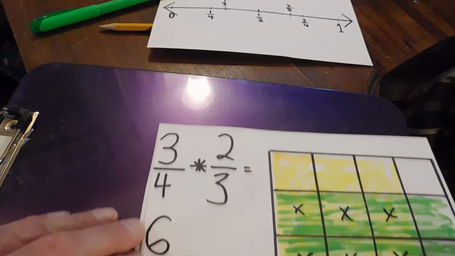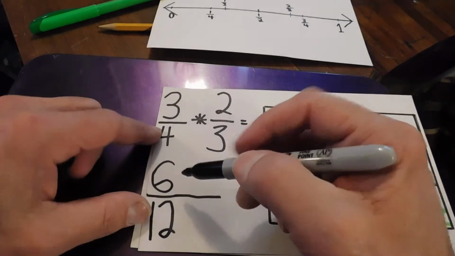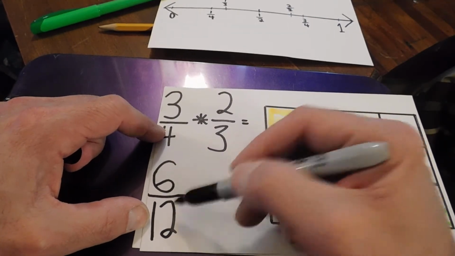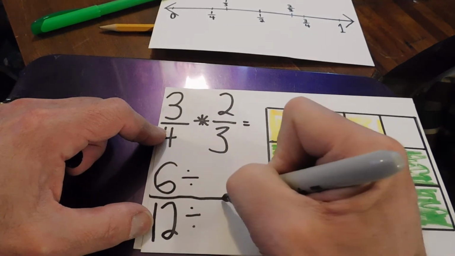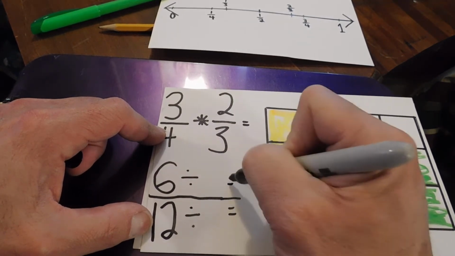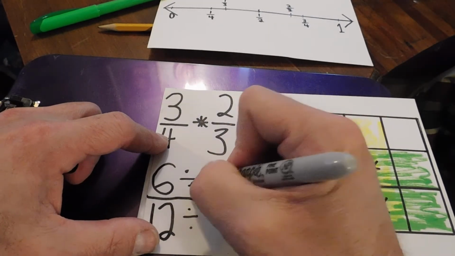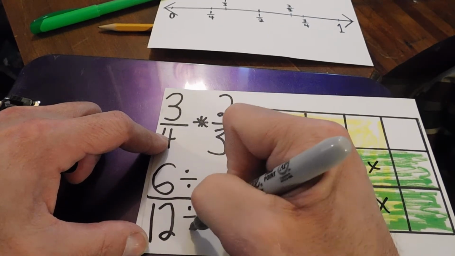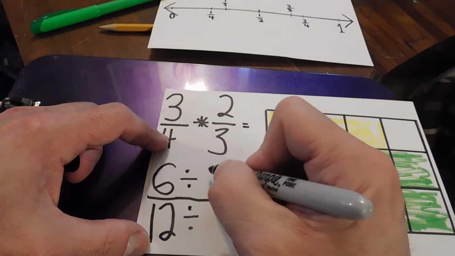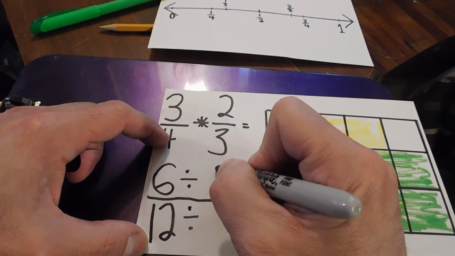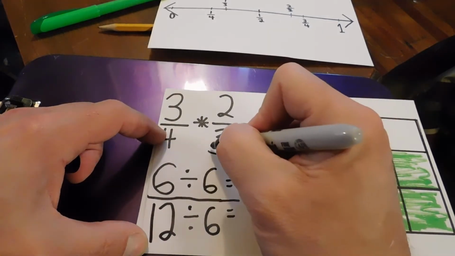In my ongoing efforts to prepare you for middle school, you hopefully would notice that 6 and 12 are both even numbers, which means they can be both evenly divided by at least 2. However, they can also both be evenly divided by 3, and yep, that's right, they can also both be evenly divided by 6. 6 is the greatest common factor of both 6 and 12.